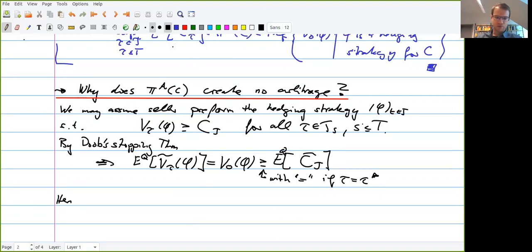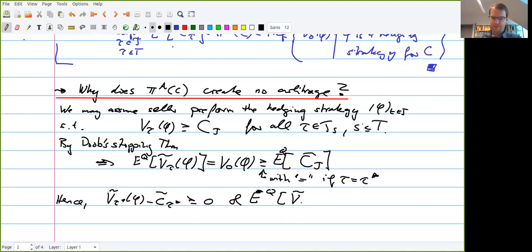So what do we observe here? The first thing is the hedging strategy: even at the optimal stopping time, the value process dominates the payout of the American option. And here we have the equality, so let us rearrange this.